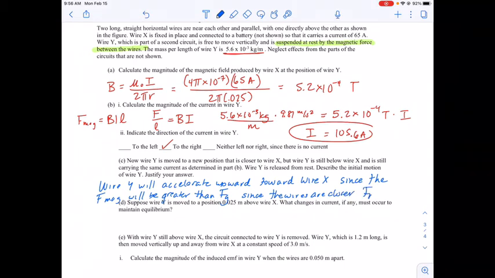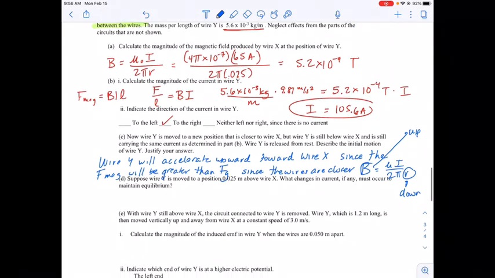And remember that the magnetic field is bigger because the radius went down, so the magnetic field is going to go up.